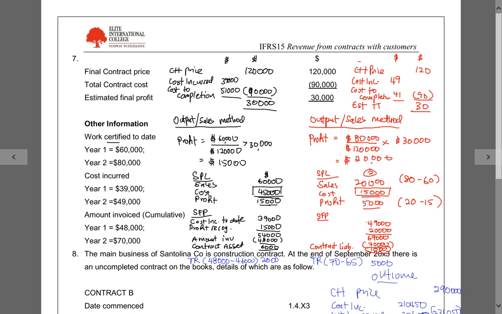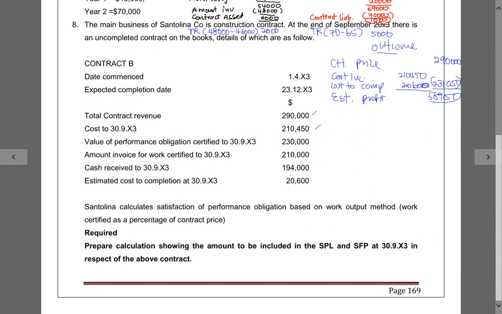So we look at the total first, and then as of year 1, work certified is 60 out of the total contract. So in the first year it's half completed already. What we do now is take the total, based on the sales method or work certified method, so the profit equals what?